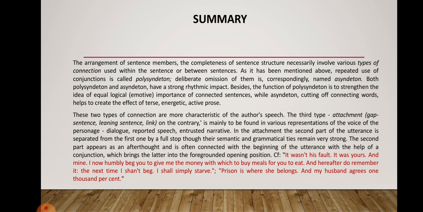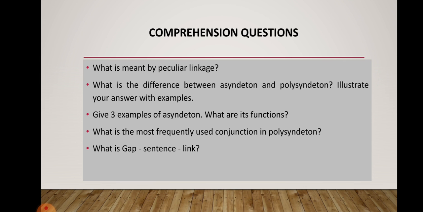That is all in brief concerning the content of this lecture. As a rule, you are suggested to respond to these comprehension questions to check your comprehension of the contents of the lecture.